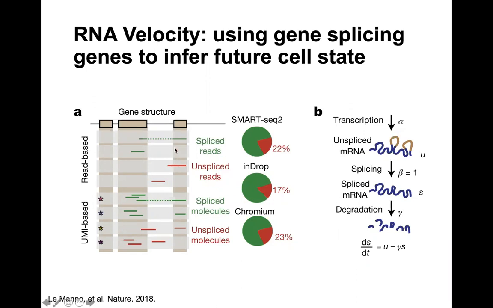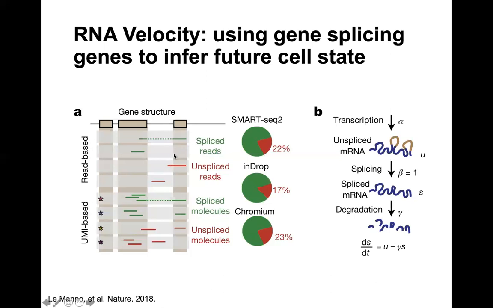But typically the gene has already been spliced when you get an mRNA to be polyadenylated. And so this middle section here, these are called introns, should be excised. But one of the observations that they made was that actually a significant portion of reads contained introns. They were unspliced.